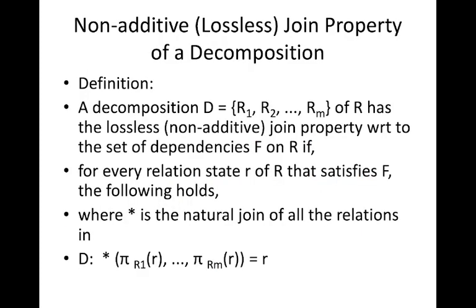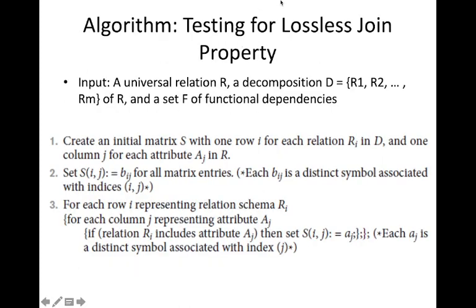So there is an algorithm to test whether a decomposition satisfies the lossless join property or not. This is important because you may be asked a question based on it. You will be given some decomposed relations, and you have to find out whether they satisfy the lossless join property or not. It is an easy algorithm, and you have to understand how to do this.